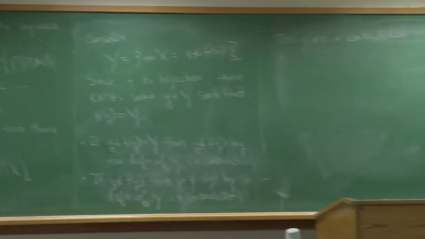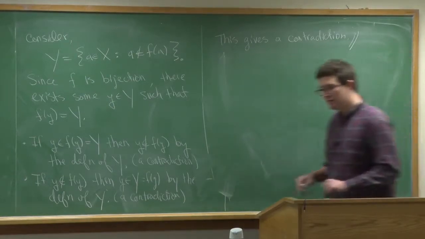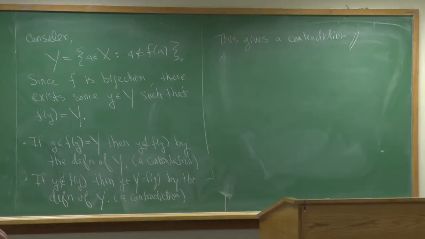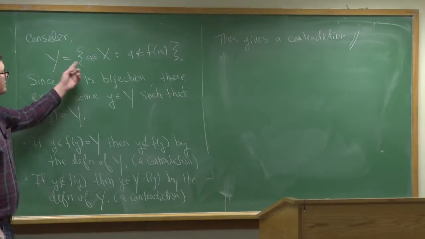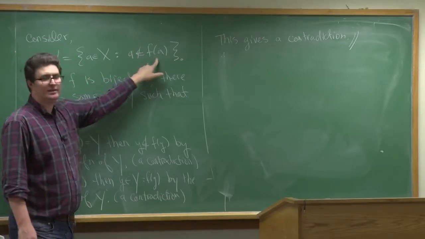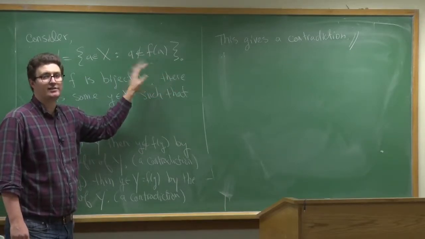Yeah? So you have like an element of a set that's all the things that aren't in f of a, and then because it's not in that set, it's in that set Y? Yeah, so you had a set, and you made the set of things A such that A is not in, so every A maps to some subset of X, okay?